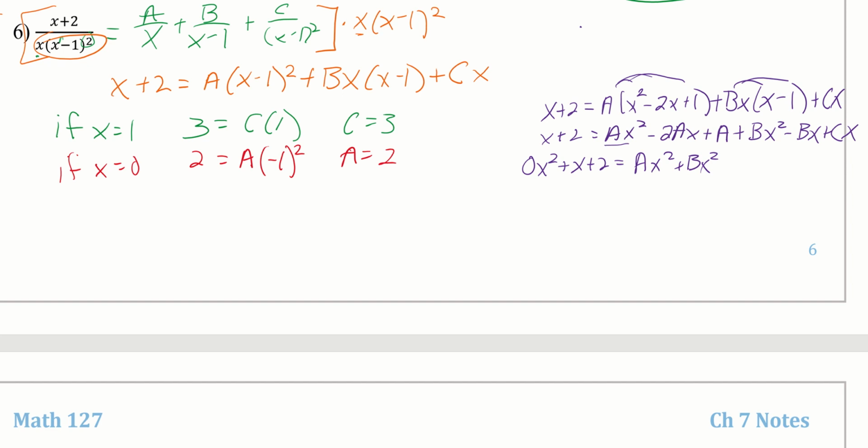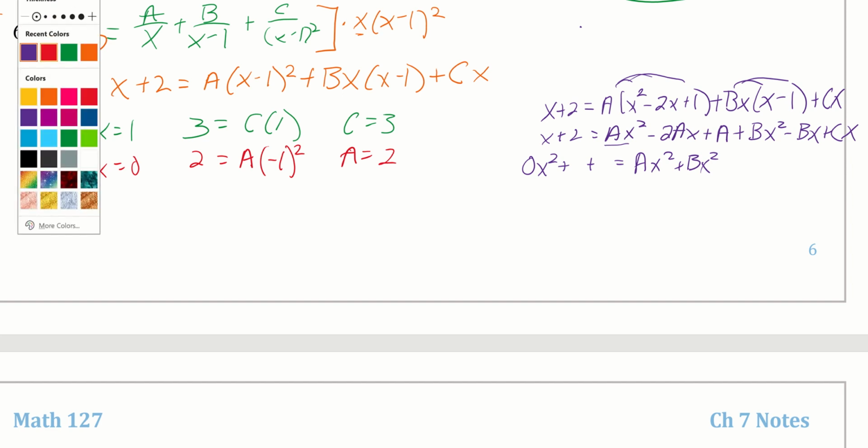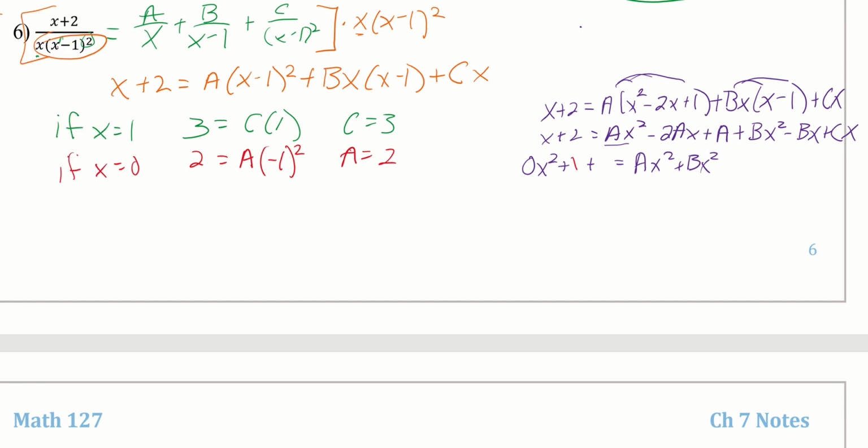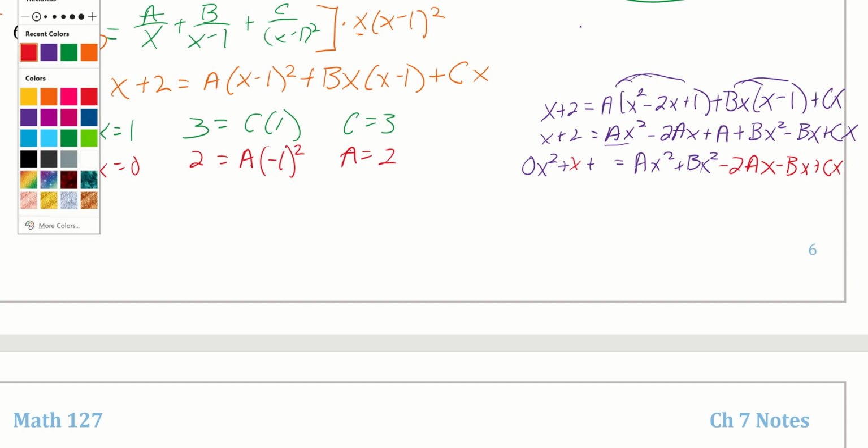Cool. Let's change up the pen color here. So those are all my x squareds. Now my x's: from the x's, I have minus 2ax and then minus bx plus cx. And then my final one is my constants.